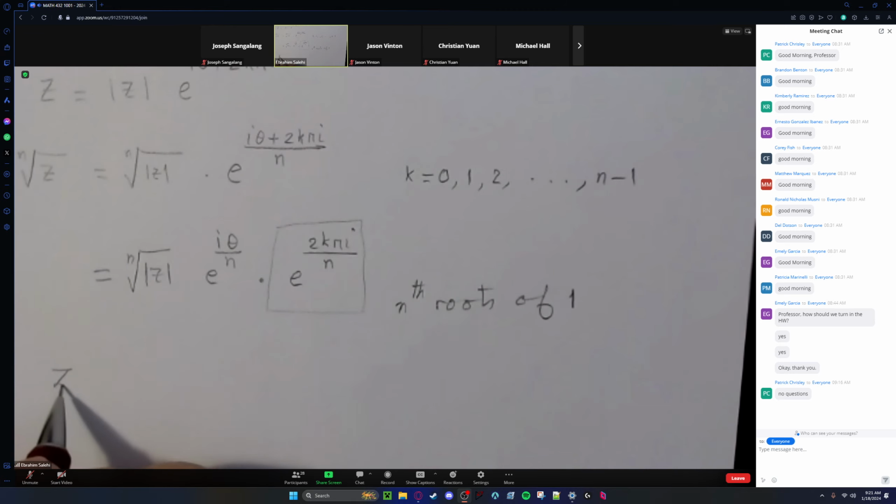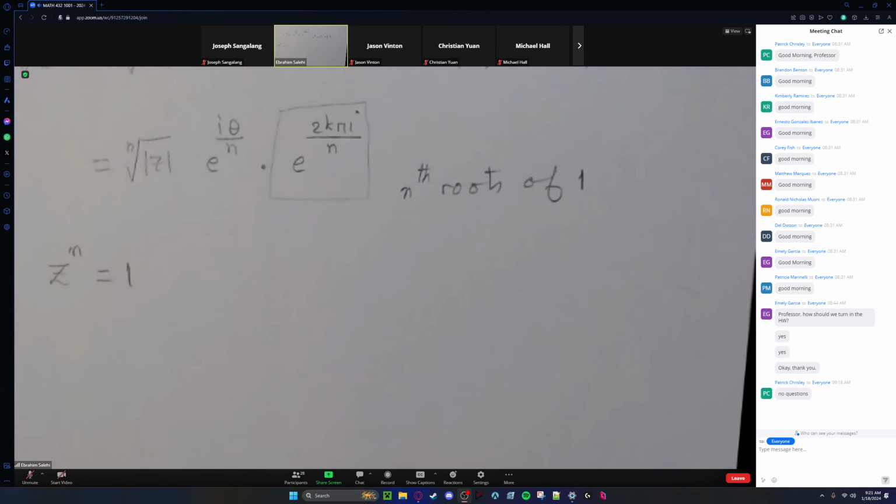If you want to solve this equation for z to the n equal 1, depending on whether n is even or odd in the real number system, you get either one answer or two answers, for real numbers.